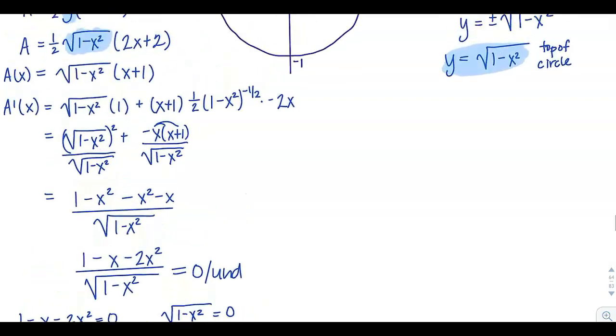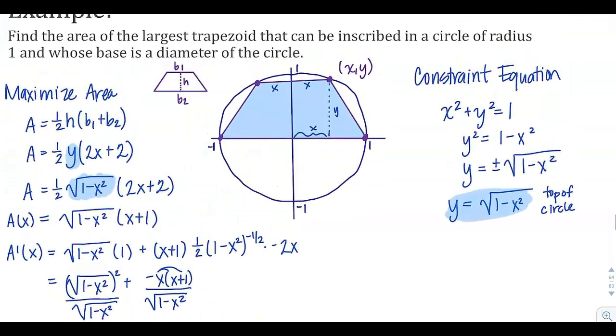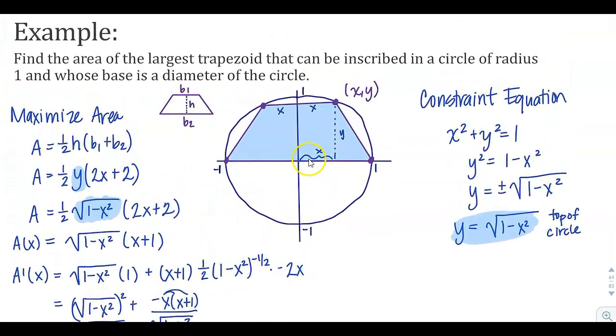If I go back just for a second to the picture, if I think about letting x equal either 1 or negative 1, I'm not actually going to have a trapezoid. So x was this distance here. So if I let x equal 1 or negative 1, I'm going to have just a flat line on the x-axis. I won't have a trapezoid.